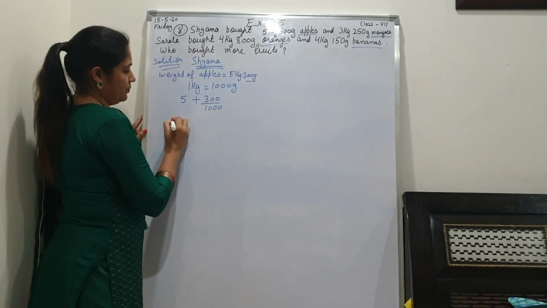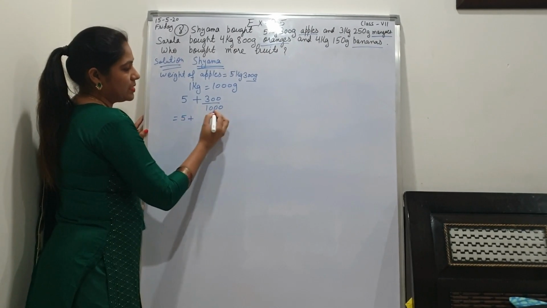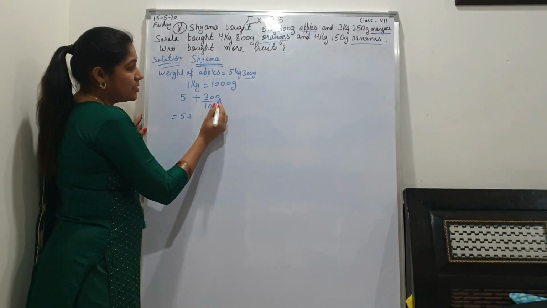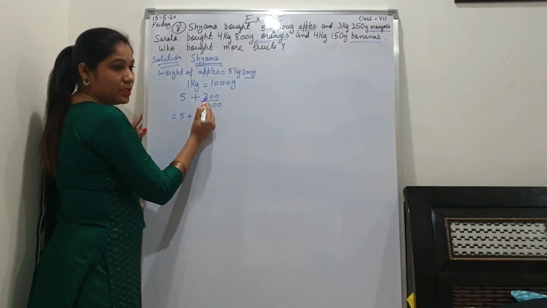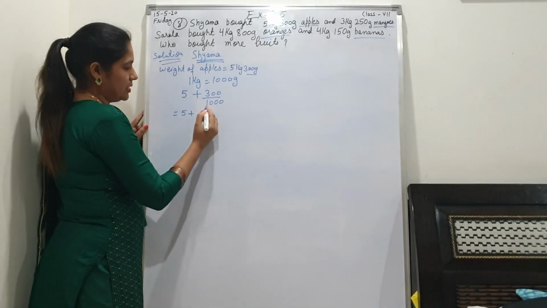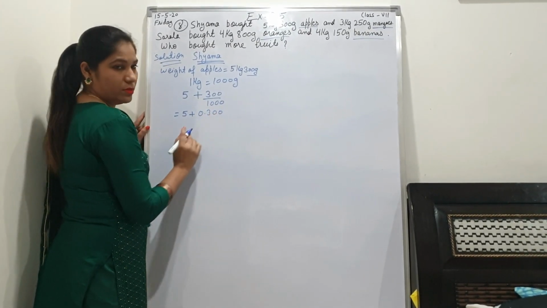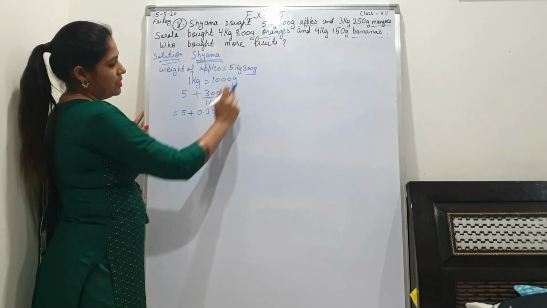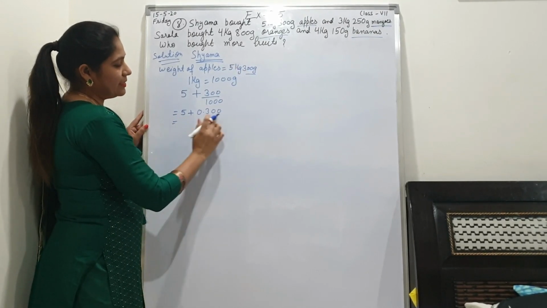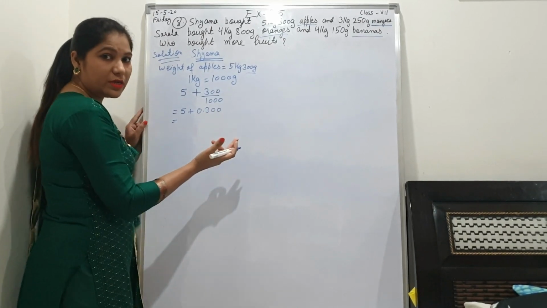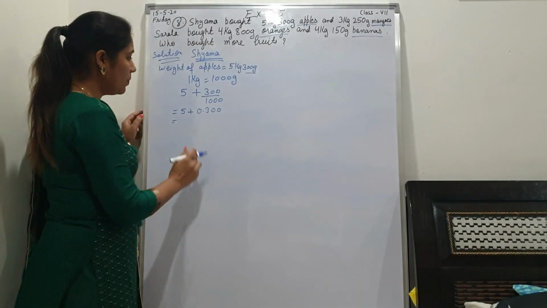So 5 plus, here are 3 zeros, so we will put the point leaving 3 decimal places, 1, 2, 3. So that will become 0.300. Then we have to add them. 5 plus 0.300, we have to convert into like decimals. How?